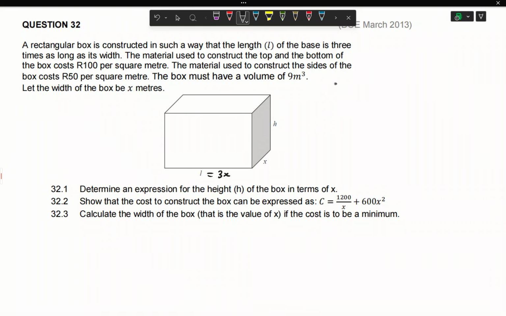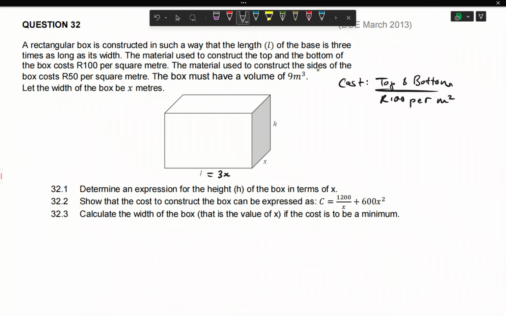So now I'm just going to say cost for top and bottom. Just always write it like this. The cost for top and bottom is 100 per meter squared.